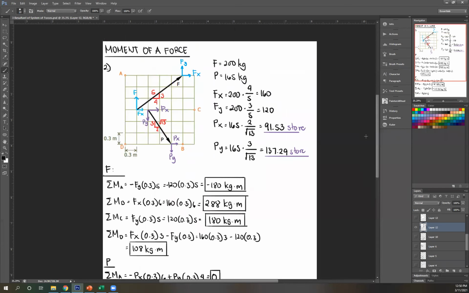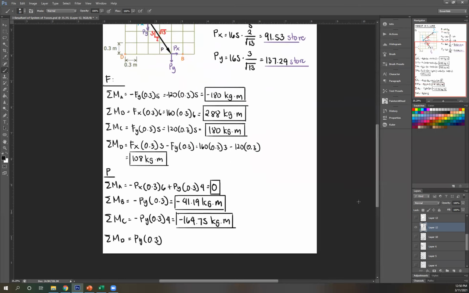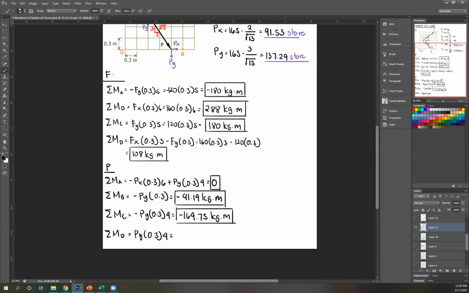How many blocks is that? 1, 2, 3, 4. And what's the answer? Yeah, it's 164.75 as well. Positive 164.75.